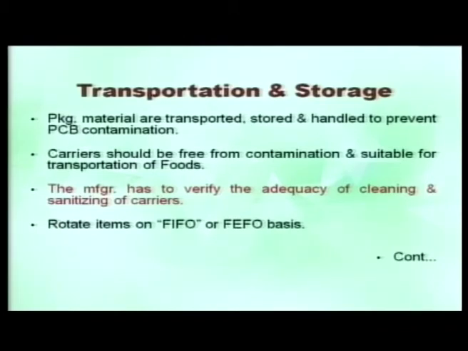This is the second important element which talks about the transportation of the packaging material, the carriers which need to be free from contamination. There should be very clear sanitation programs for the carriers for high risk commodities. In the storage, the first in, first out or first expiry, first out mechanism should be followed.